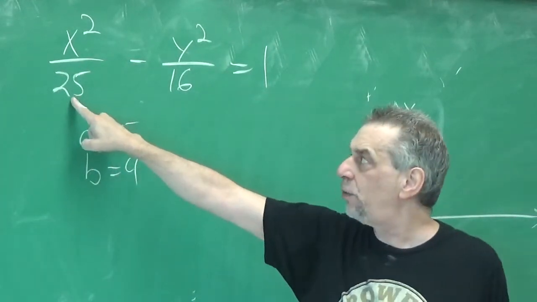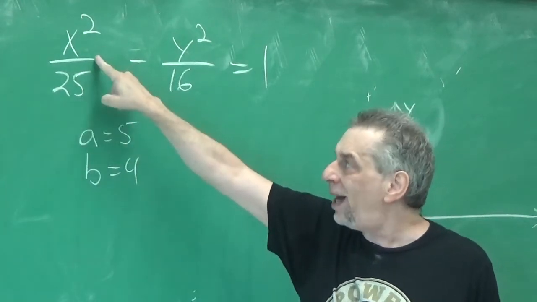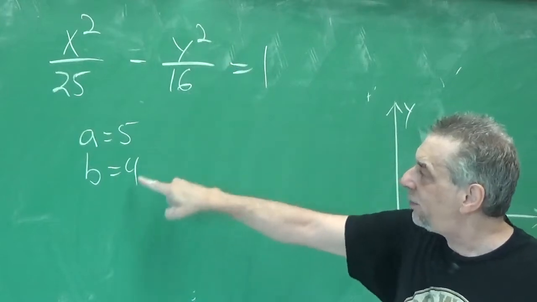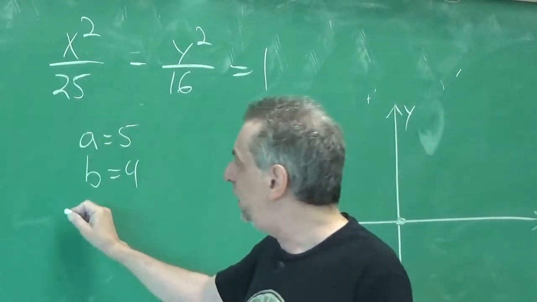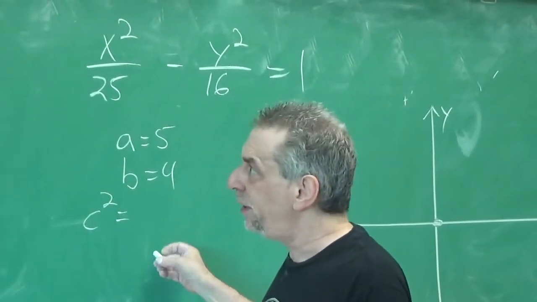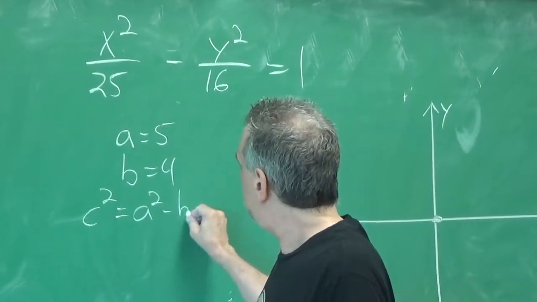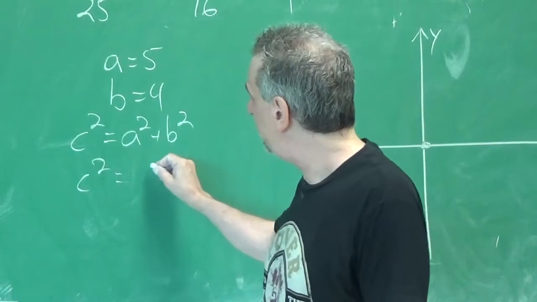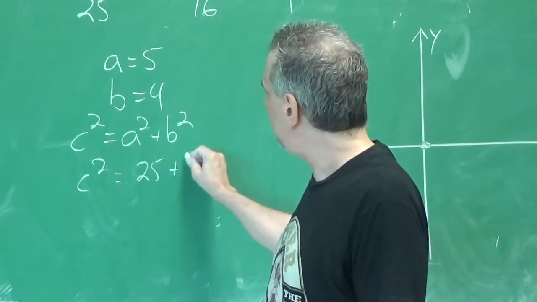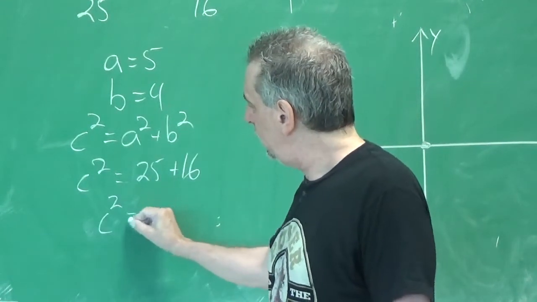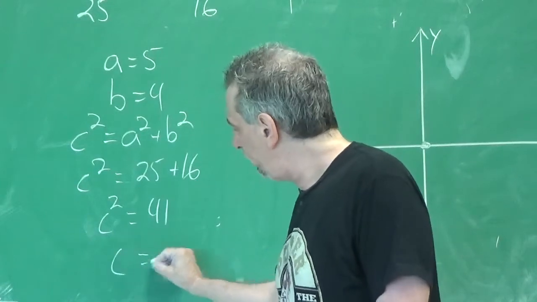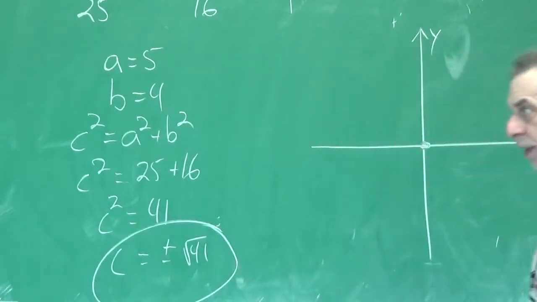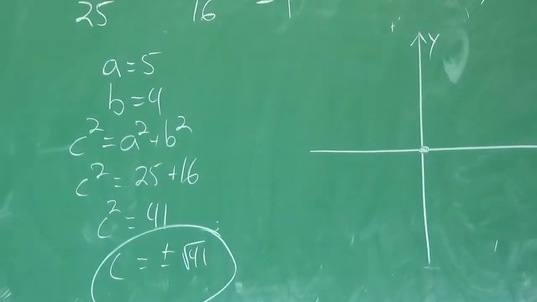The square root of the value under the positive fraction is the a. The square root of the value under the negative fraction is the b, and now we use our relationship for the c value, so we get c squared is 25 plus 16 or 41, so we get plus and minus the square root of 41. That's going to tell us where the foci points are.